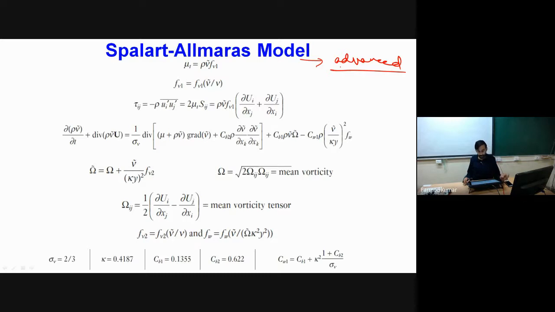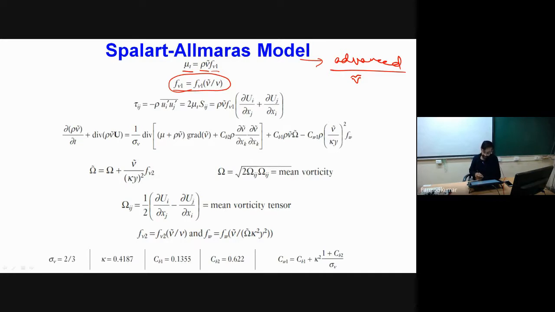In order to limit these computational expenses, this advanced model has been proposed, which solves one transport equation for the kinematic turbulent viscosity nu tilde. Over here you can see this eddy viscosity mu t is given as rho times nu tilde times FV1. This FV1 is some function of nu tilde by nu, where nu is the molecular kinematic viscosity and nu tilde is the turbulent kinematic viscosity.